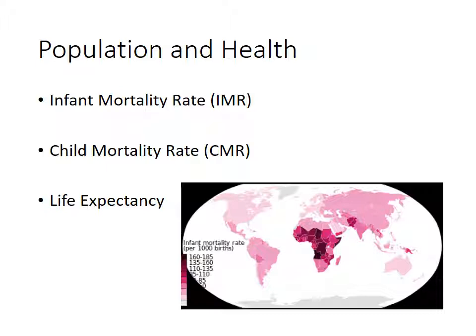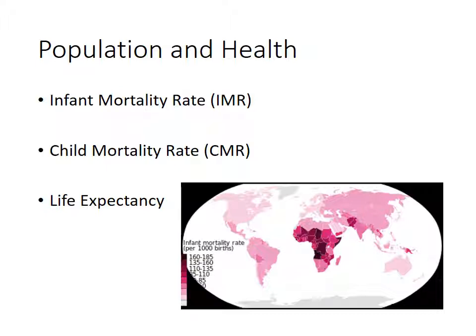If we look at this map down here, we can see that sub-Saharan Africa is where we're going to see some of our highest infant mortality rates. That contributes to why they have so many children, and also indicates that the health care available to individuals is not as great as it is in places with lower IMRs. The child mortality rate is a similar measure, except it goes from age 1 to age 5.